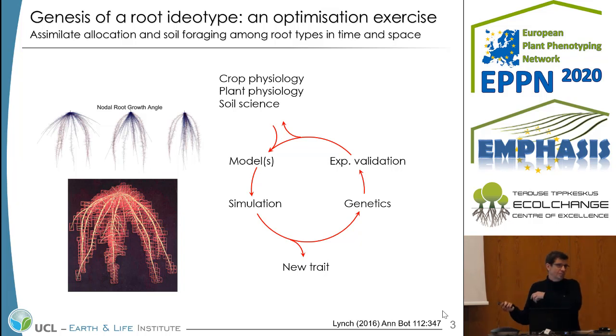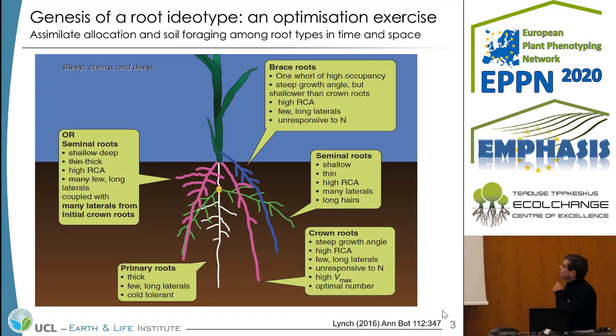Sometimes the phenotyping tool comes before the trait. It's an interesting process. So working that way in terms of water, nitrogen, phosphorus has led to defining, progressively over 15 years' time, an ideal root system that would be very efficient to capture nitrogen or to capture water, depending on the case.